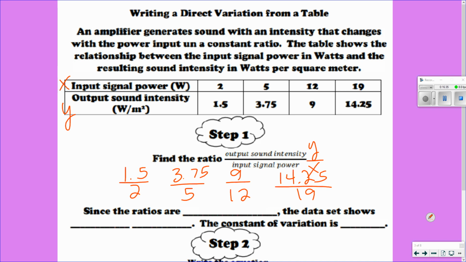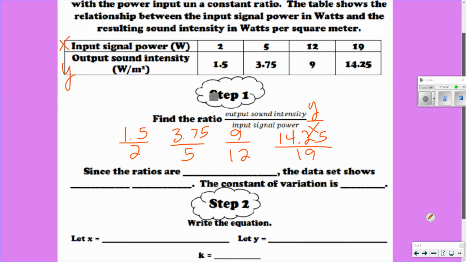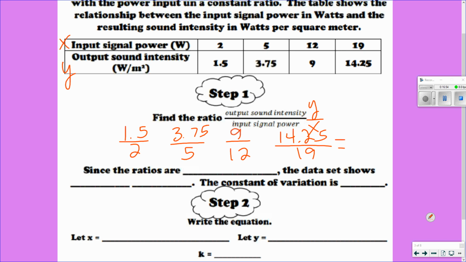So now that we have our calculators, let's go ahead and type them all in. First, were they all the same? Yes, what were they? 0.75.